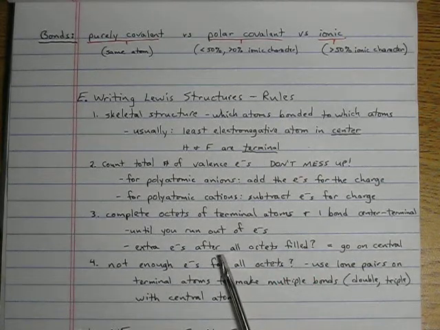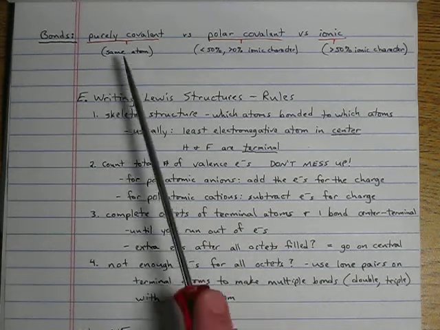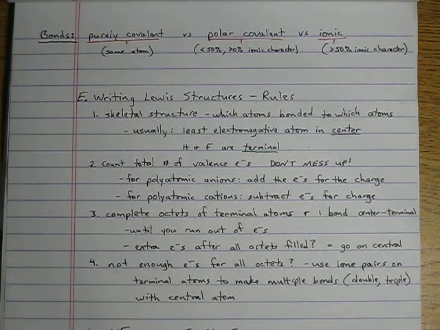Because unless the two atoms in the bond are the same atom, it's going to be a little bit of polarity. The only way to get two atoms having the exact same polarity is if they're the exact same atom. But if that is the case, we will call that a purely covalent bond. Note, a carbon-carbon bond, a bond that bonds two carbons together, is a purely covalent bond.